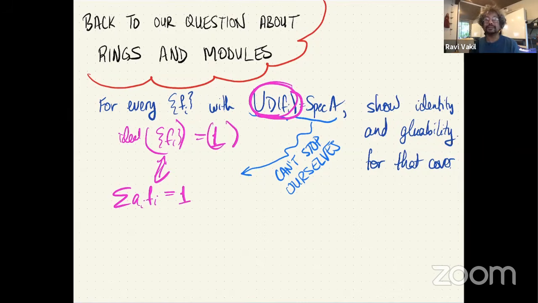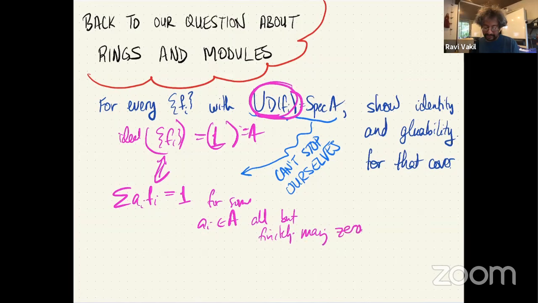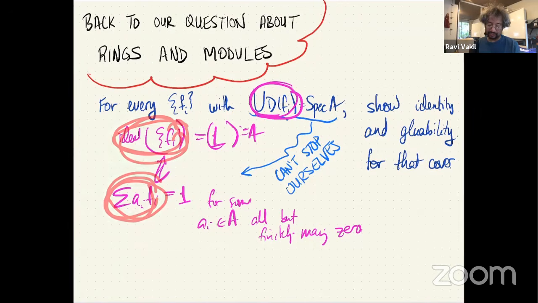I'll call it A. And this is for some elements of your ring. And for this to make sense, all but finitely many are zero, because you don't know how to make infinite sums in general rings. And just to be clear, the ideal generated by these elements consists of things of this form.